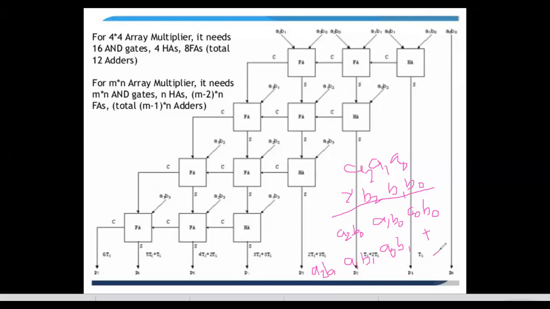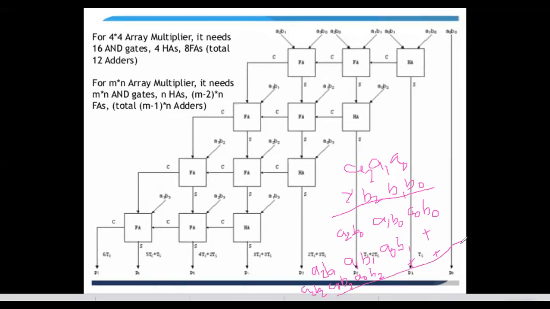Similarly, a 2 time shift operation. Then B2 with A0, A0 multiplied with B2. Next is B2 with A1, A1 with B2. Next is B2 A2, A2 B2. Okay.